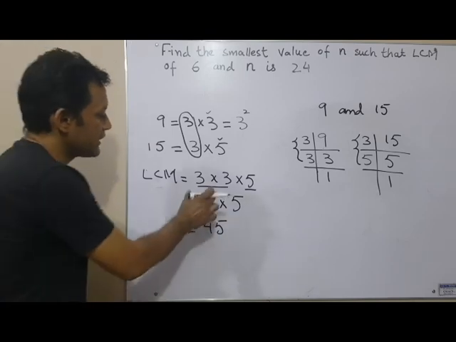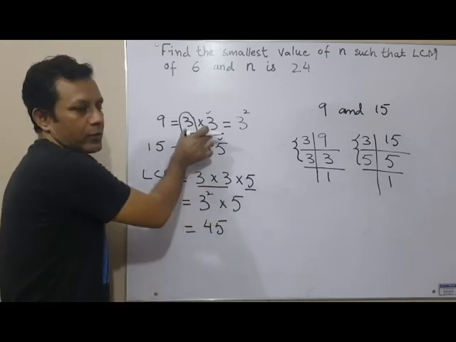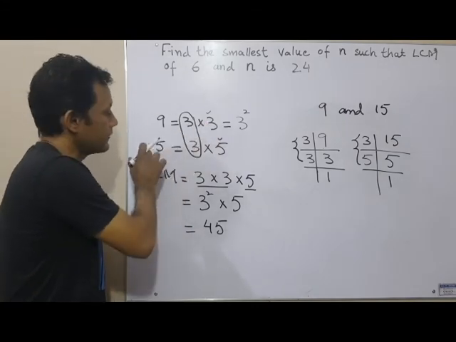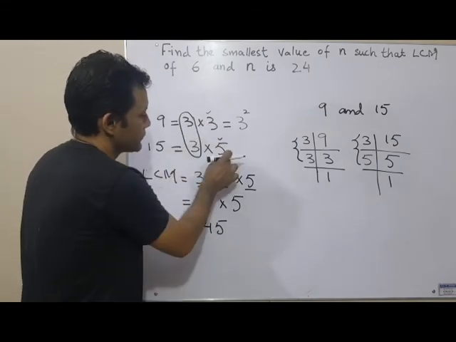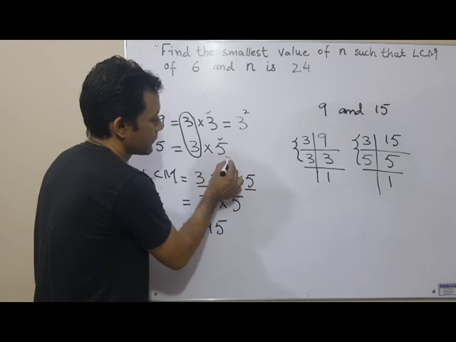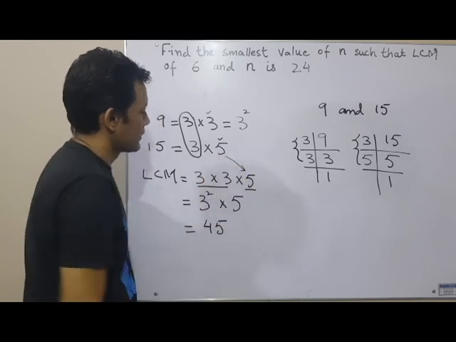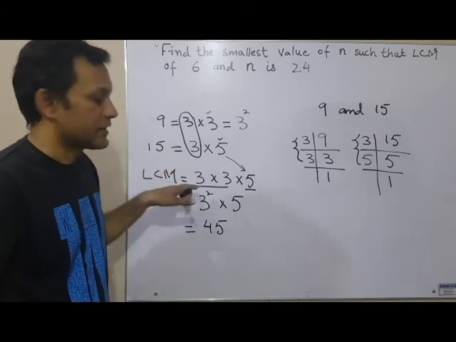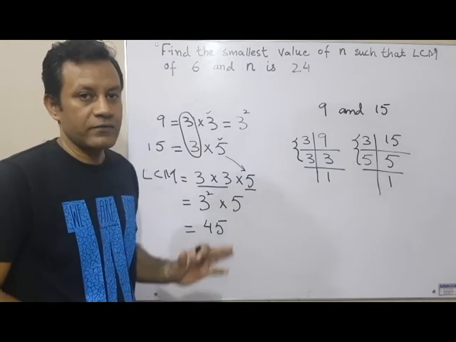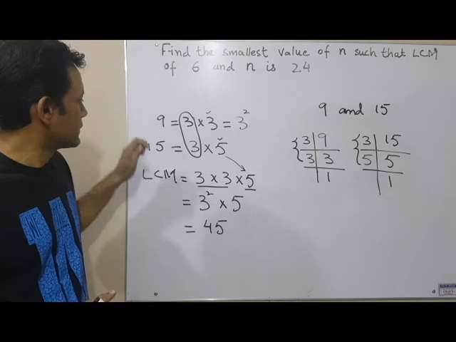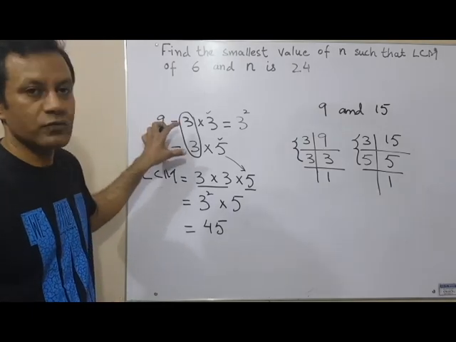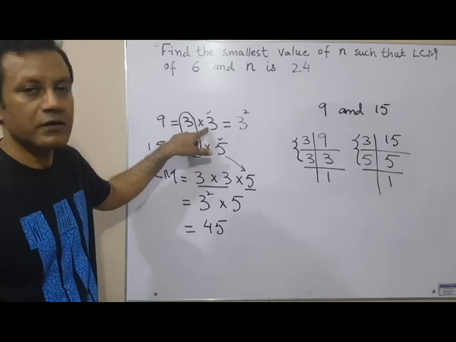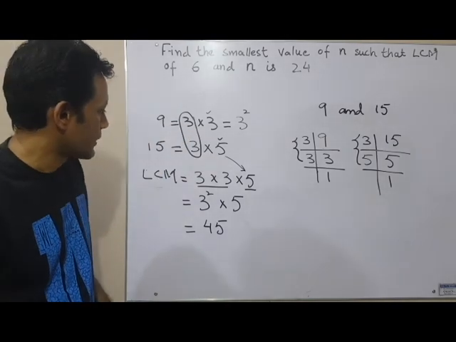It means these 2 3s are taken from the prime factors of 9, and this 5 is taken from the prime factors of 15. As I told earlier, LCM is the union of prime factors of these two numbers, in which we write the common factors only once, including the remaining prime factors.